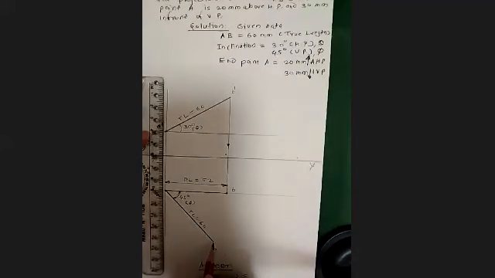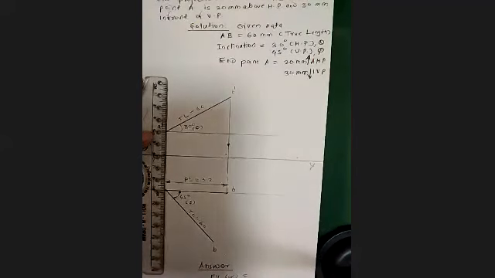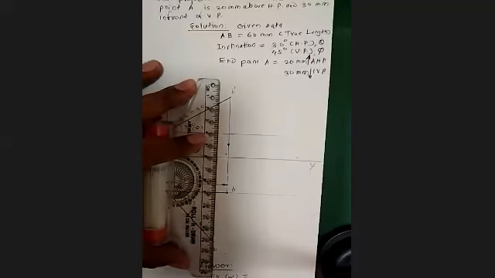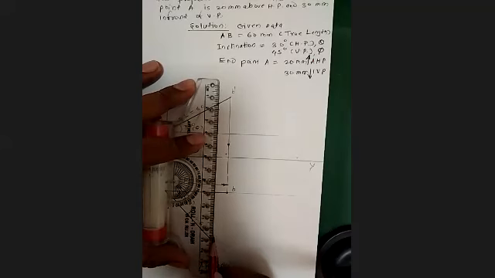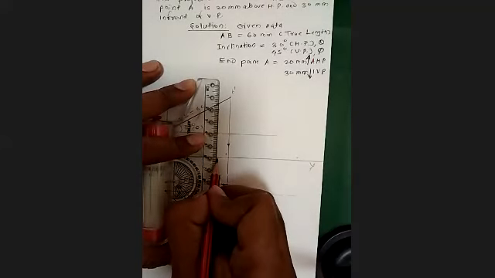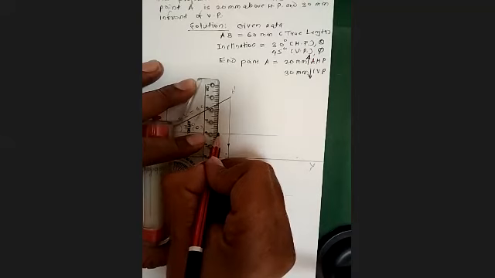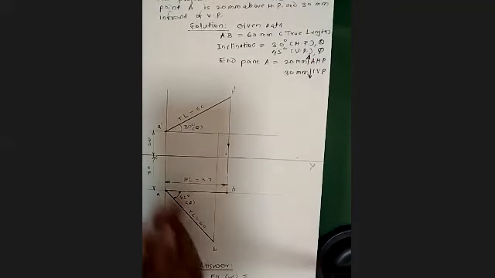Similarly, do one thing. Through this endpoint B of your true length, just repeat the procedure for the line inclined to VP. Go further up till you touch A dash.